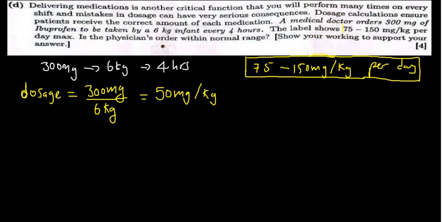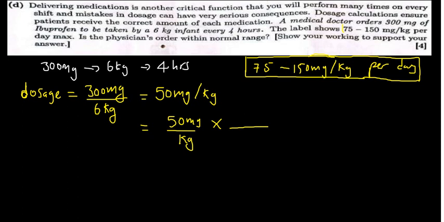Now this doctor said the child should be getting this medicine every 4 hours. Now what we are going to do is work out how many hours are in a day. By the way, the word per means divide. So basically I can also write this as 50 milligrams divided by kg, and then I'll multiply.